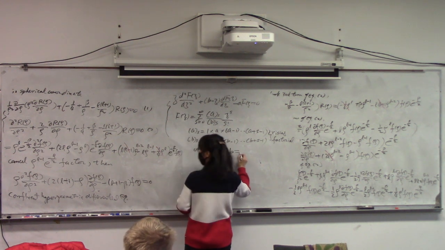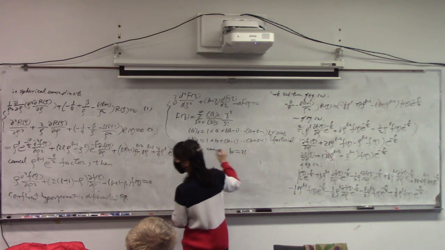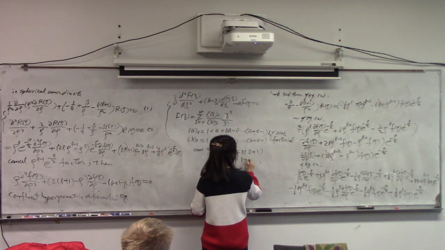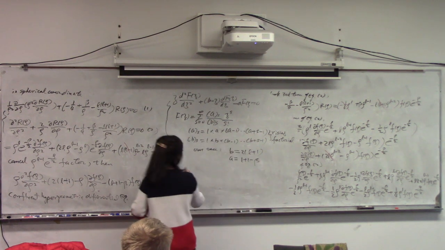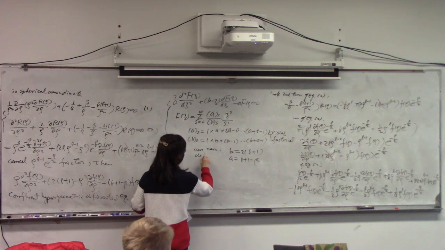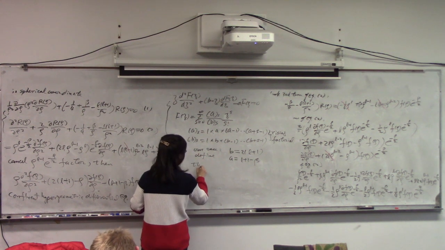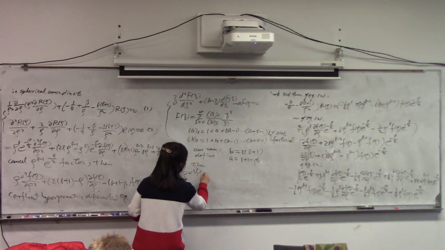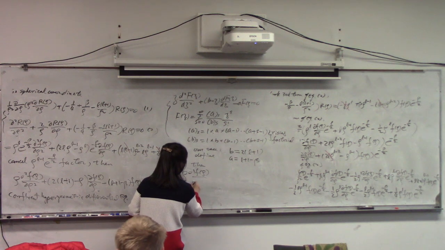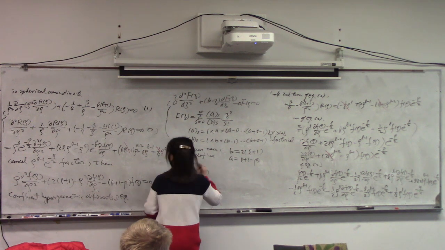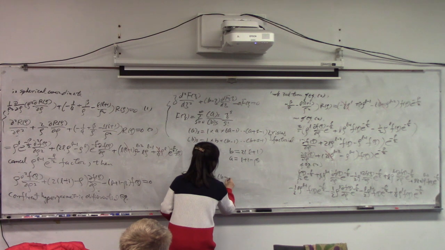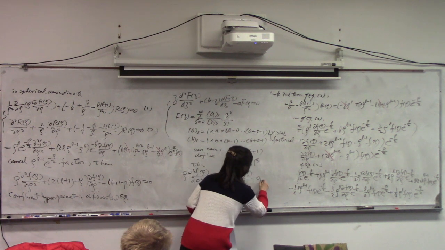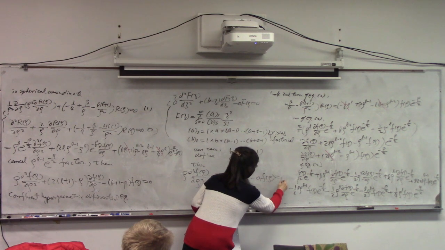If we define B is 2L plus 1, and A is L plus 1 minus beta, then we have rho, partial over, because it's only a function of rho, so you can use partial over total, minus rho, and 0.